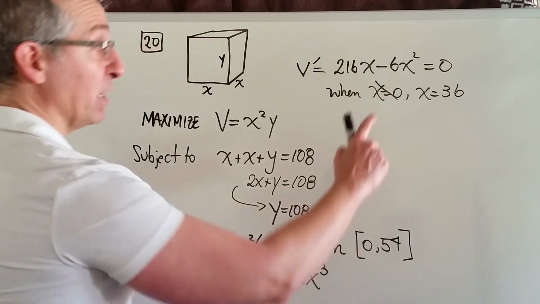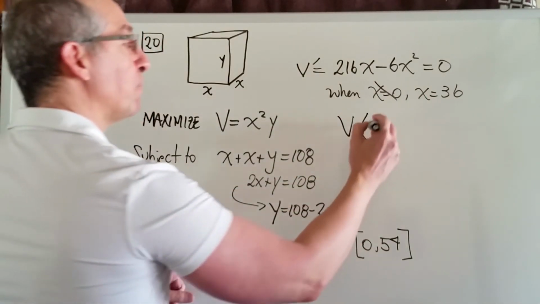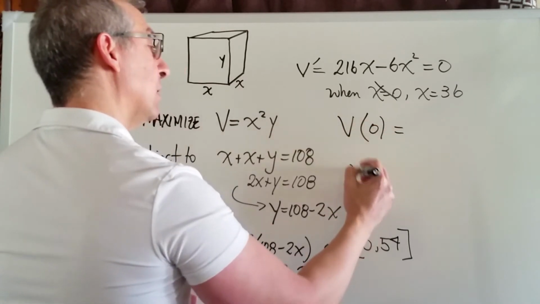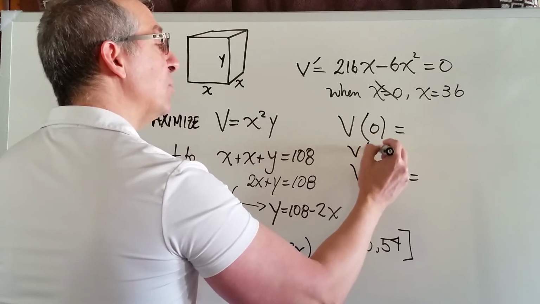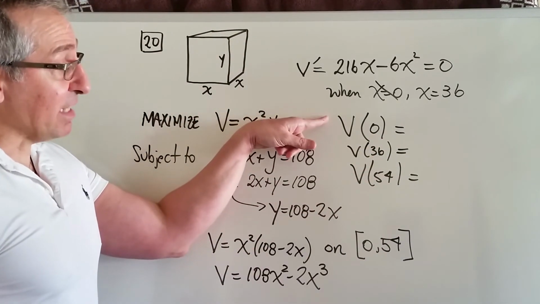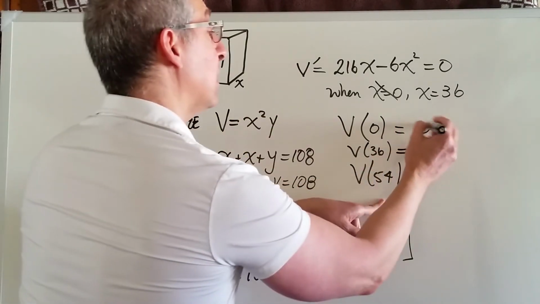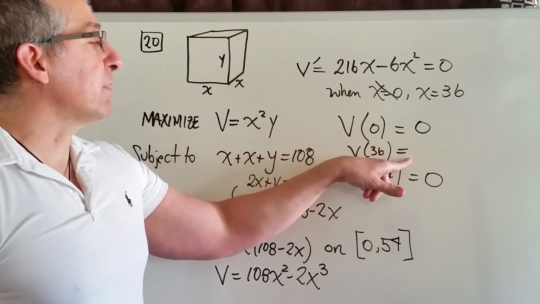All right, so I'm going to take my one critical number, and then I'm going to evaluate the volume equation at both ends, and then the one critical number in between. Okay? Now you verify at the left end and at the right end. You're going to get 0 both times. What are you going to get for 36?